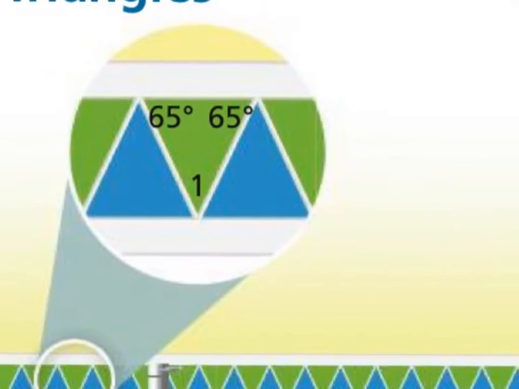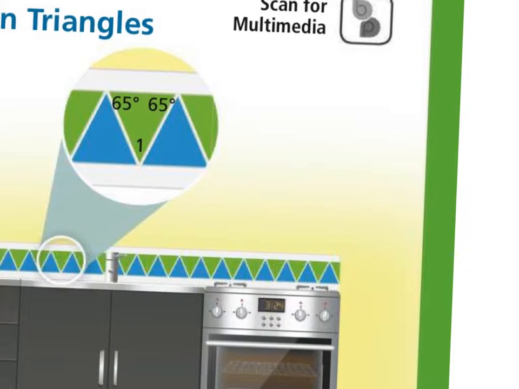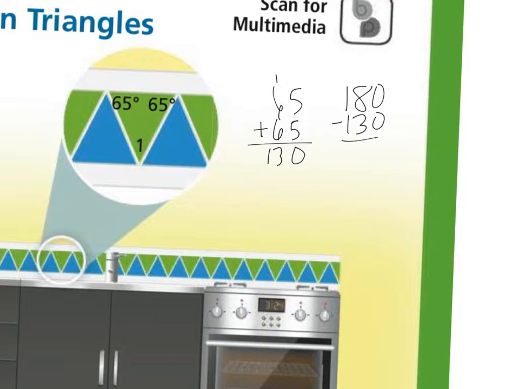Like we just talked about, we know we've got 180 degrees total in our triangle. So 65 degrees and another 65 degrees is 130 degrees used up. No matter what the triangle looks like, any triangle only has 180 degrees total. So that means we have 50 degrees left for our other angle.